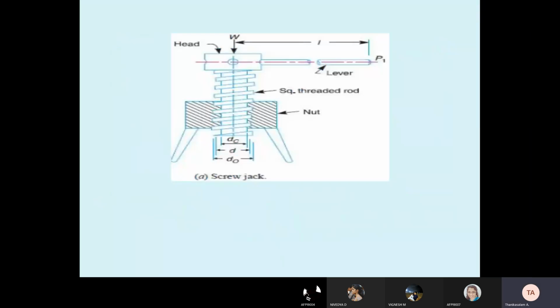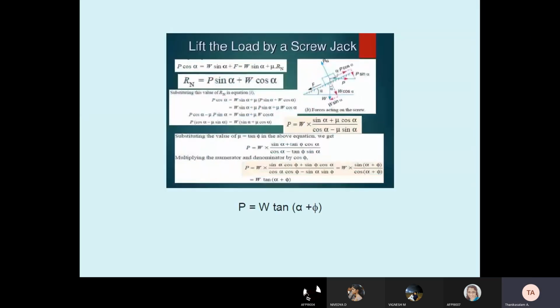Now see this diagram. You can see the thread is inclined, somewhat helix angle less than maybe 20 degrees only. That's why the friction resistance is more. So weight is generally acting vertically downward. We can lift the load or lower the load. When lifting, this is the applied effort.